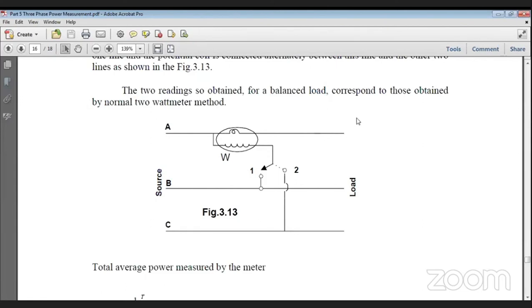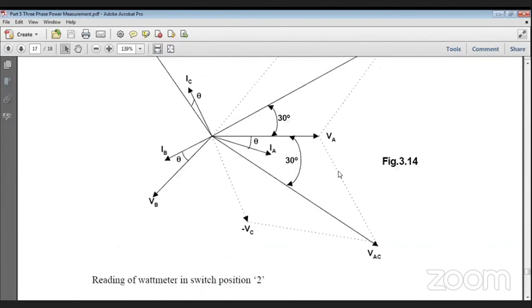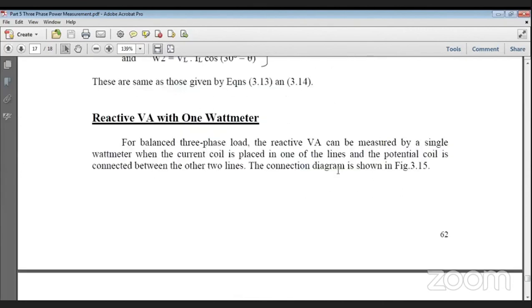And another interesting connection, see, this is what we are showing, that just by connecting the wattmeter in a different way, this question is also asked. Achha, a wattmeter always measures the active power, the watt, as its name suggests. Achha, can it measure reactive power directly?